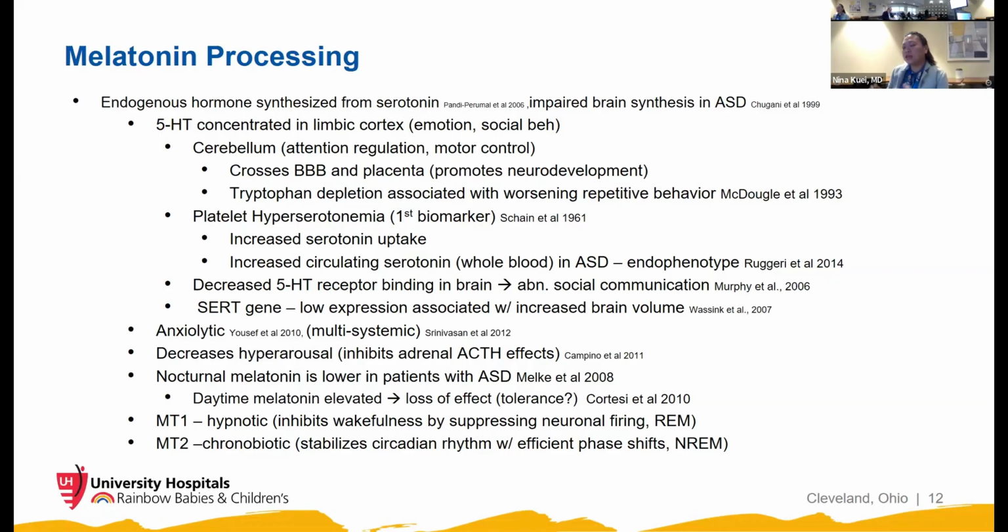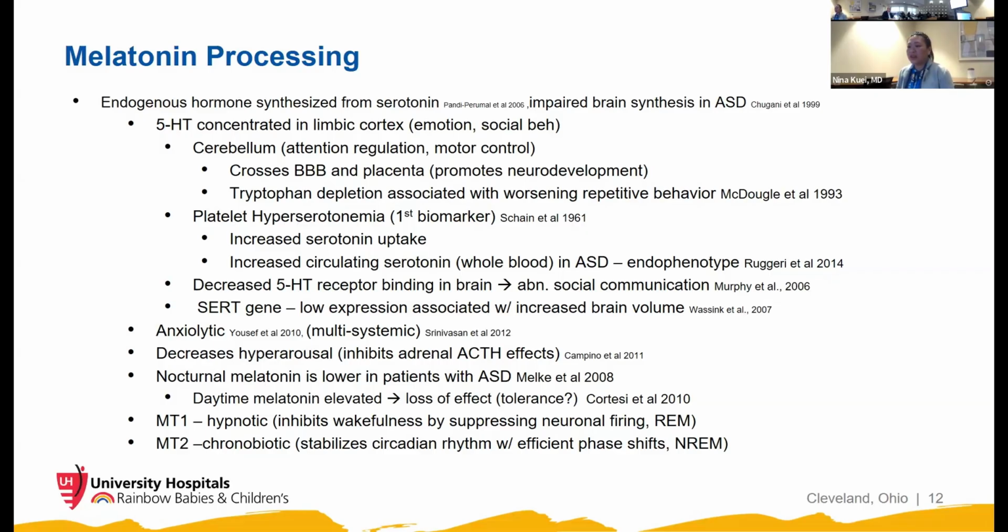And the fact that it actually decreases hyperarousal. And how does it do that? So it inhibits the adrenal release of ACTH and all of its subsequent hormones that can contribute to arousal, such as cortisol, all your stress hormones, that sort of thing.